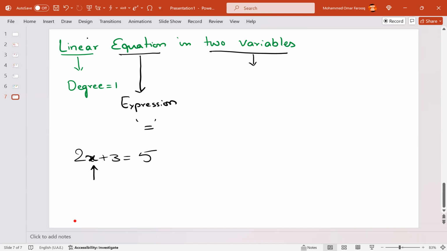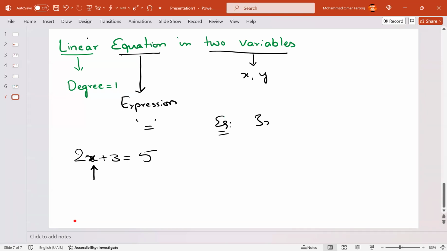In two variables you can use any two variables, but since we are learning the concept, we are going to use only x and y as the two variables. X comma y.